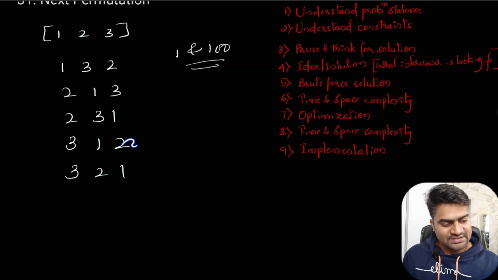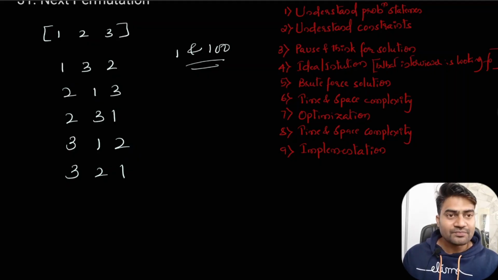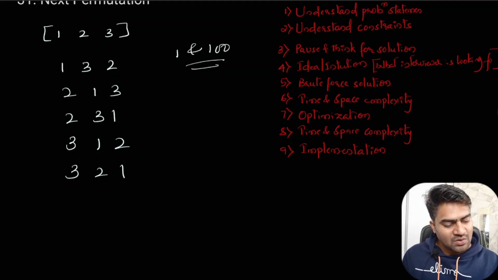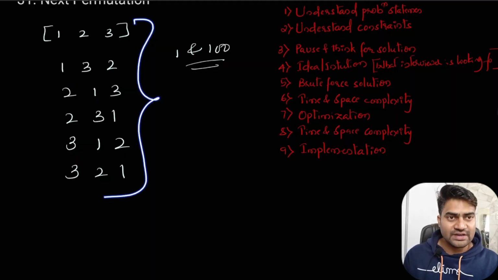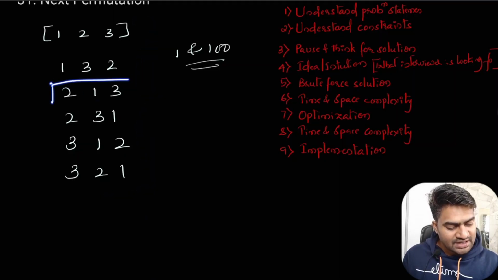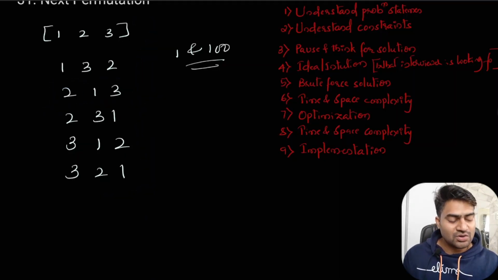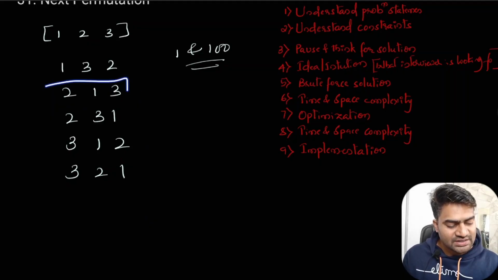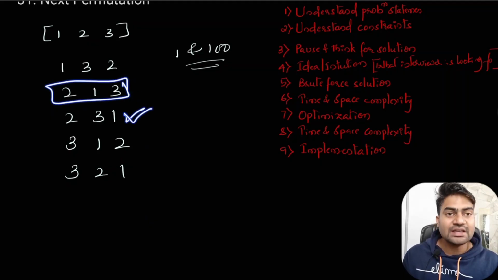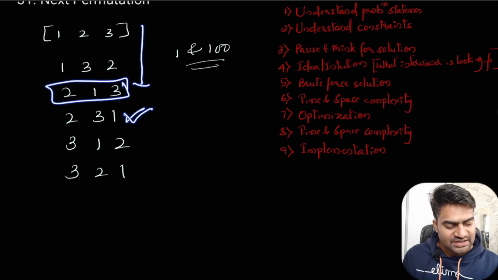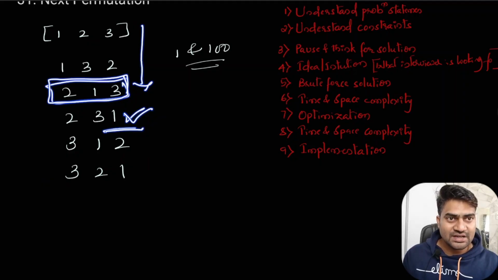Then we will get all the combinations of the array. Then we will find which array we want to get the next element for. So for this one, this will be the next combination. We will search linearly for our given combination, then take the next combination available.